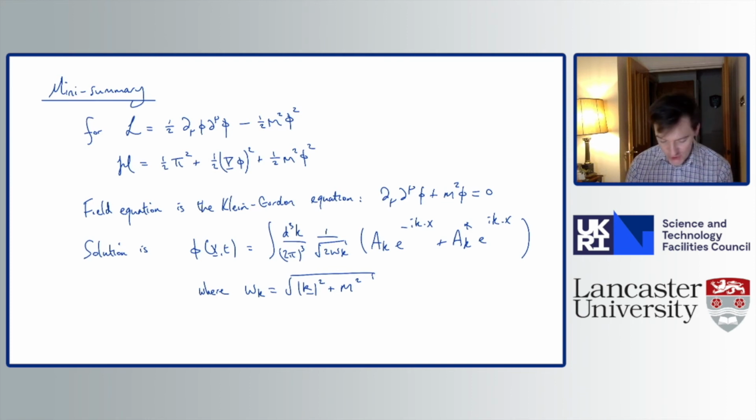We had to ensure it's real by making sure that our coefficients were the complex conjugates of each other. And there was one extra condition we had to find to make sure this was a real solution, and that is that omega k satisfies this equation. So it's related to the k factors that we're integrating over. Okay, so that's our solution.